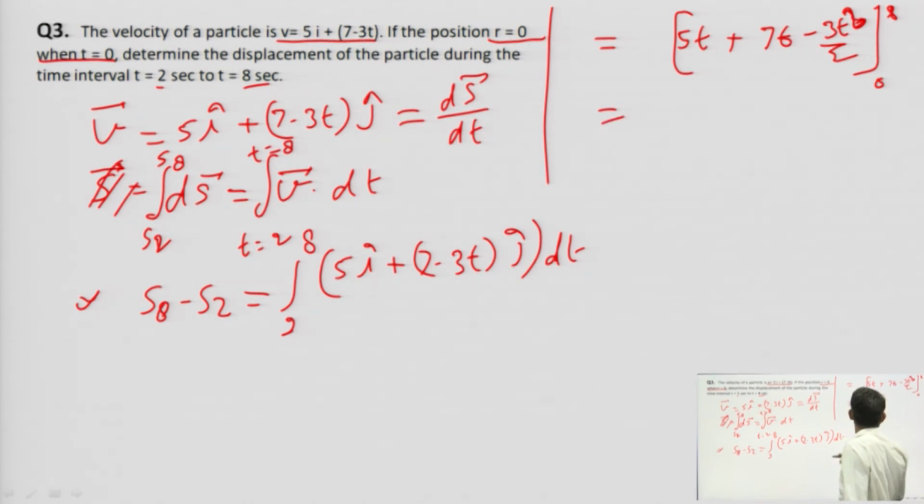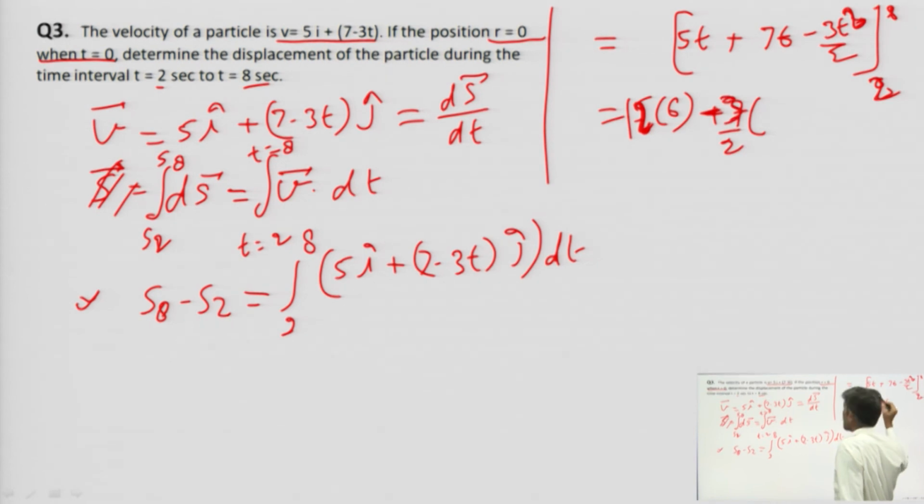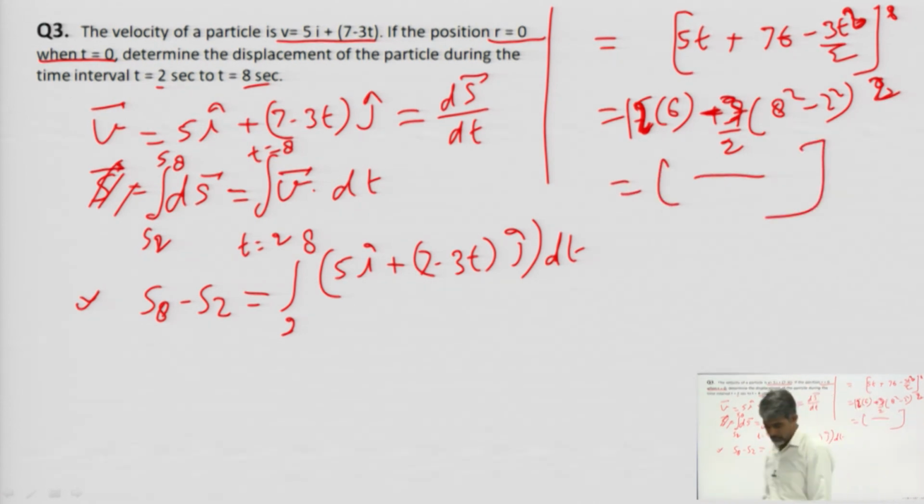Now put the limits 2 to 8. It is 8 minus 2, 6, for the x part, plus 7 into 6 minus 3 by 2 into (8 square minus 2 square) for the y part. So solve it by yourself.